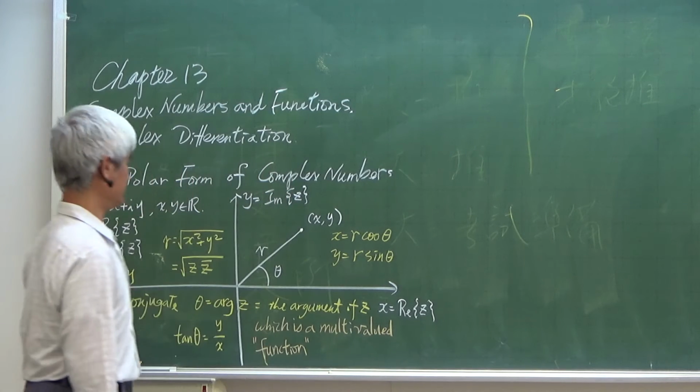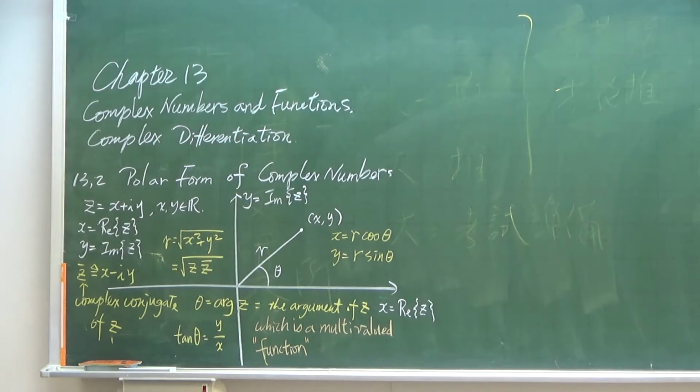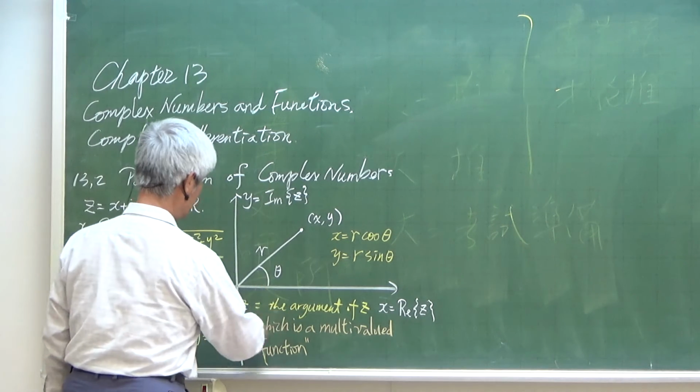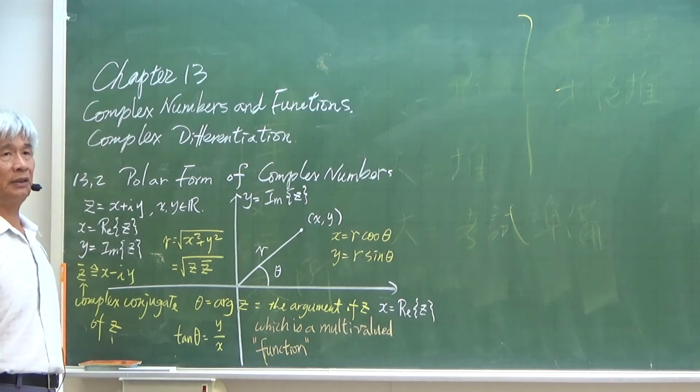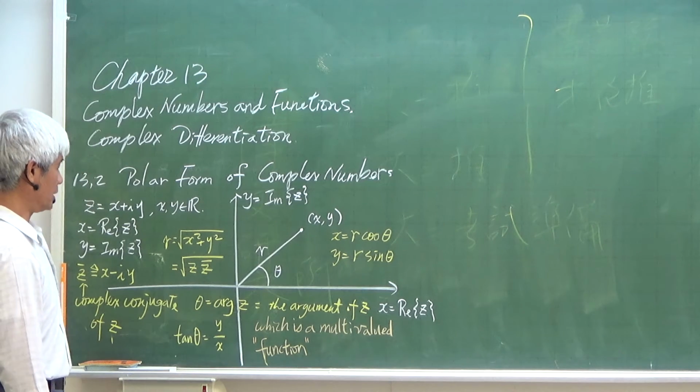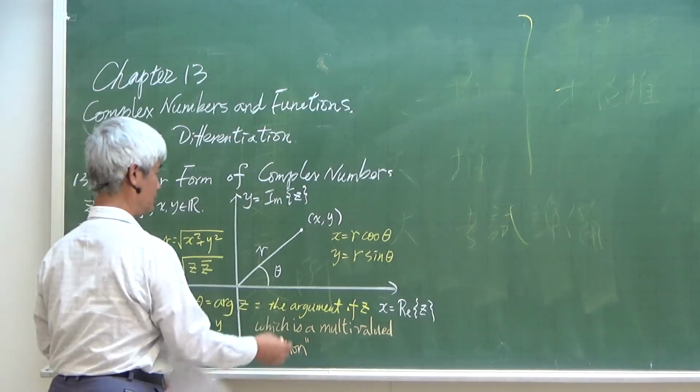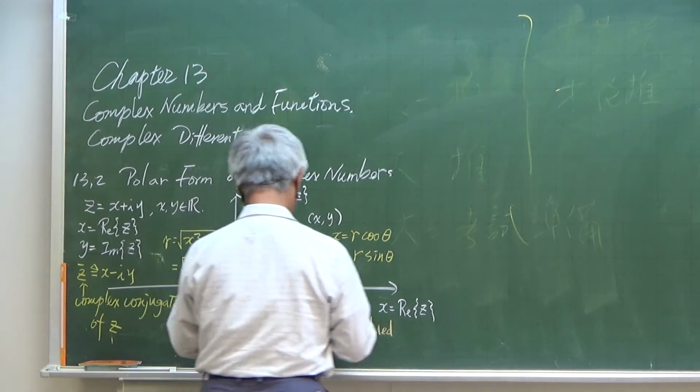Alright, so for a function, it is possible to be multi-valued for a real function. But here, we abuse the usage of a function to say that this is a multi-valued function.